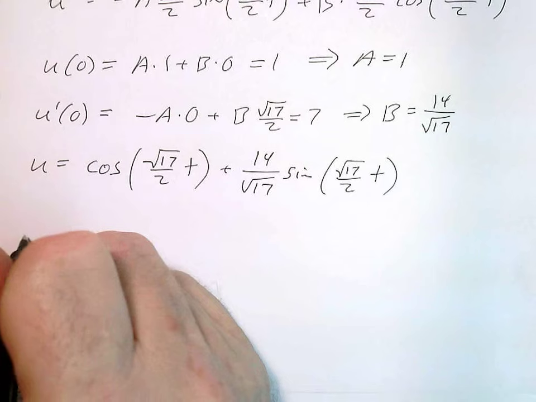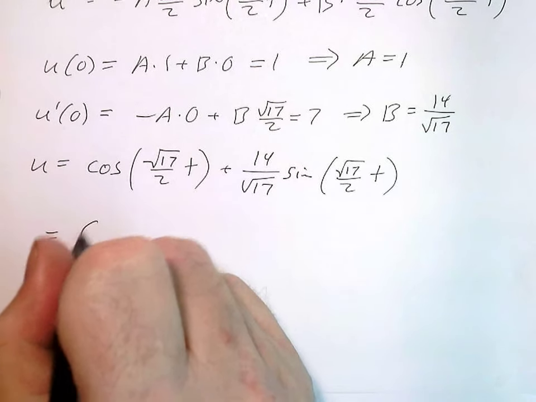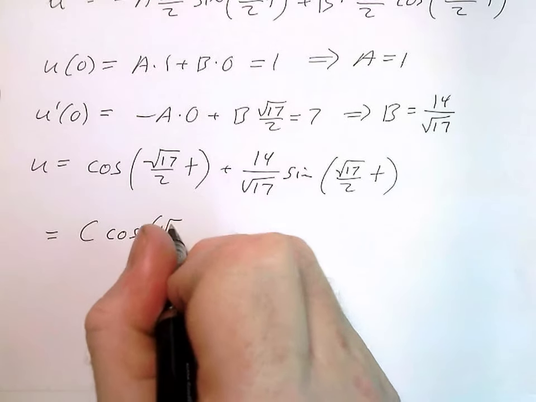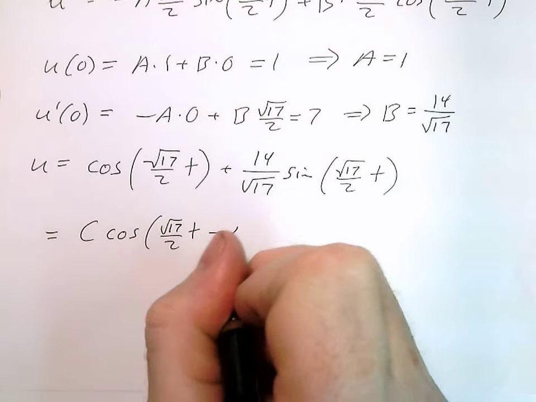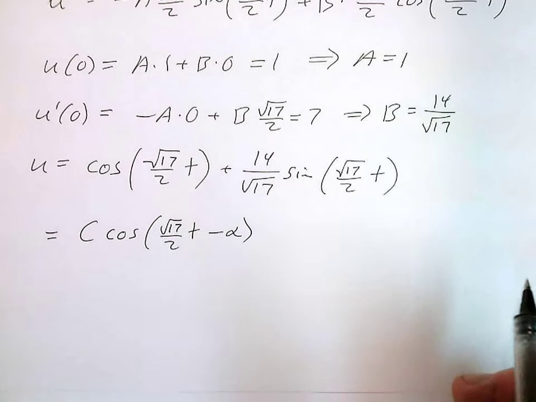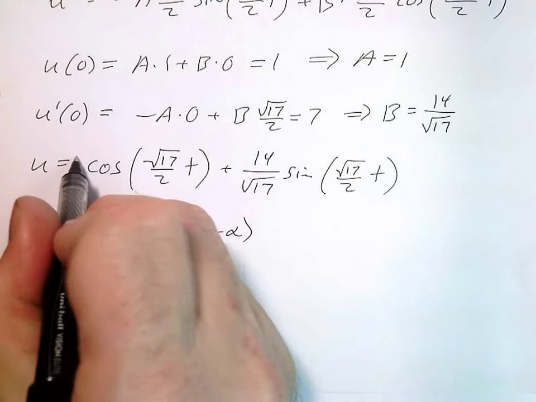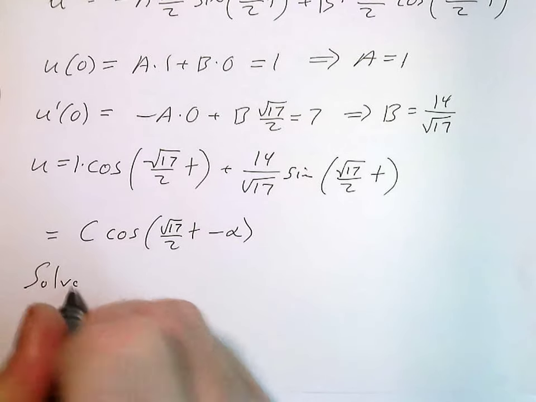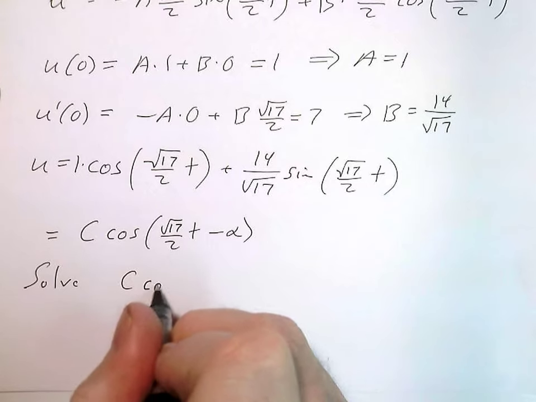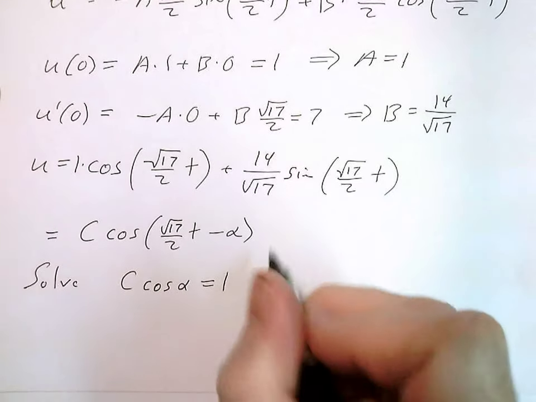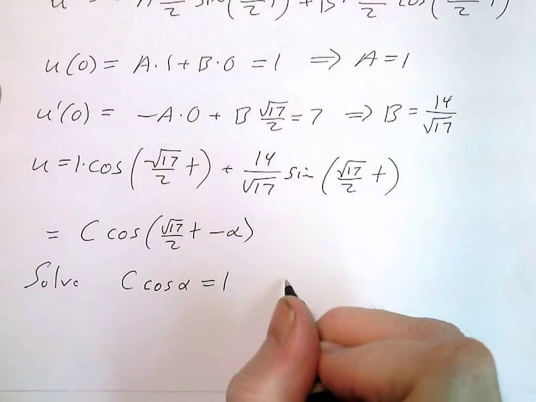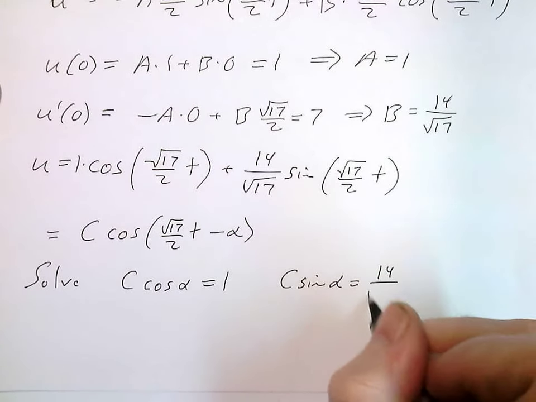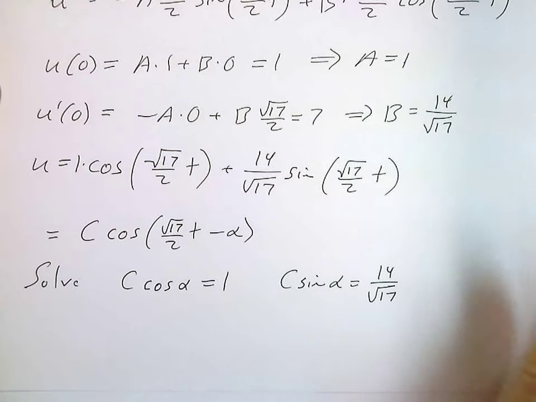But we want to write this in the form c cosine square root of 17 over 2t minus alpha. Okay. And you know, this is 1 here. We don't write it, but it's 1. But so we have to solve c cosine alpha equals 1 to match that part, and c sine alpha equals 14 over square root of 17.